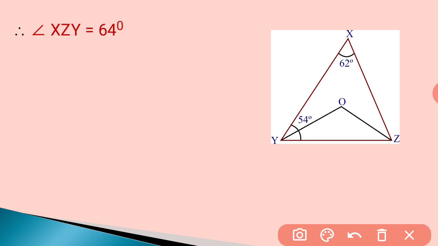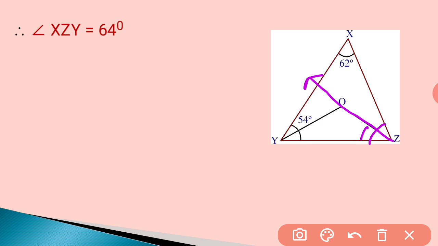Now this entire angle Z, that is XZY, is 64, and we know that ZO is the angle bisector. That means it has divided the angle into two equal parts. With this knowledge, we can find out the measure of angle OZY, which is half of angle XZY.